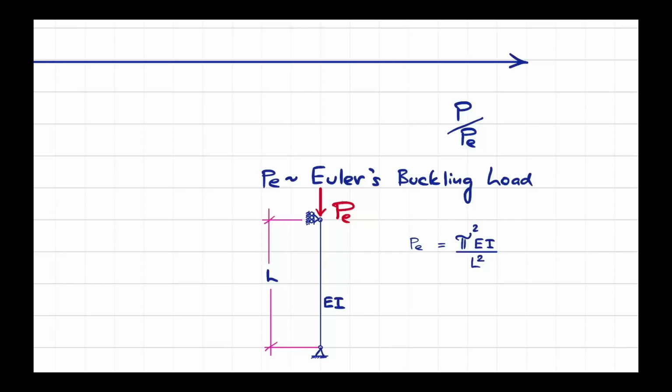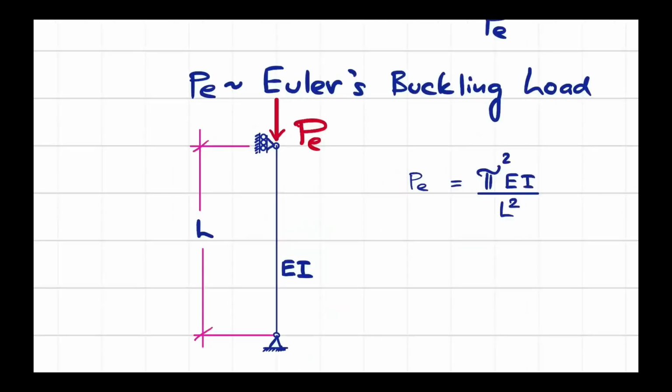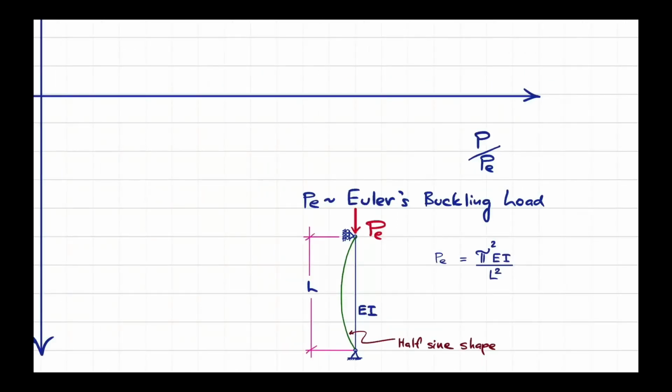At buckling you will find that the shape is like a half sine. So PE is given this way, pi square EI over L square.